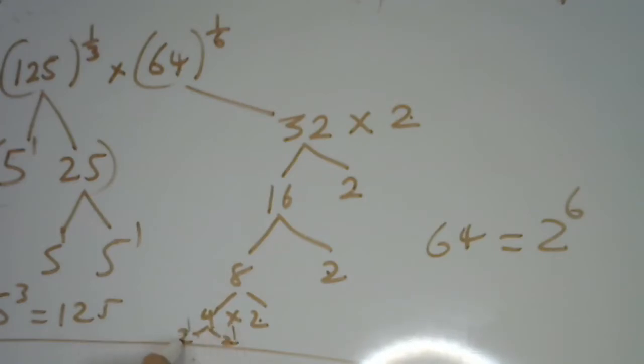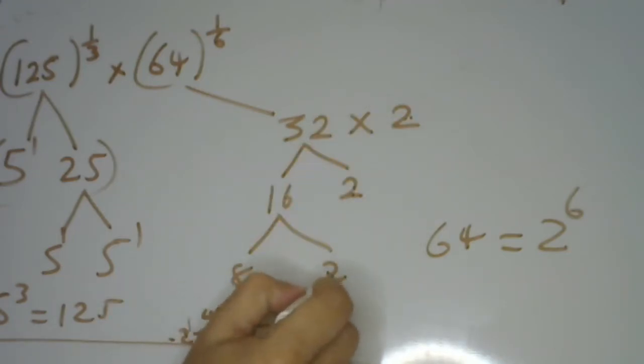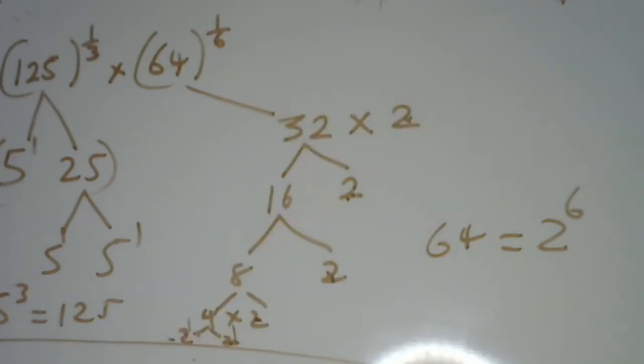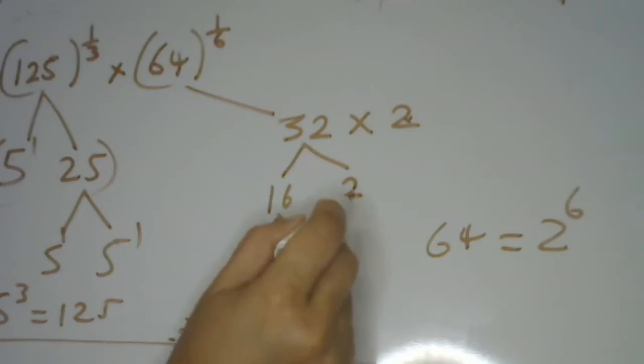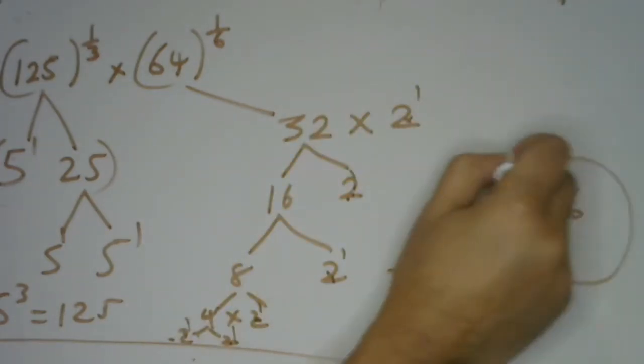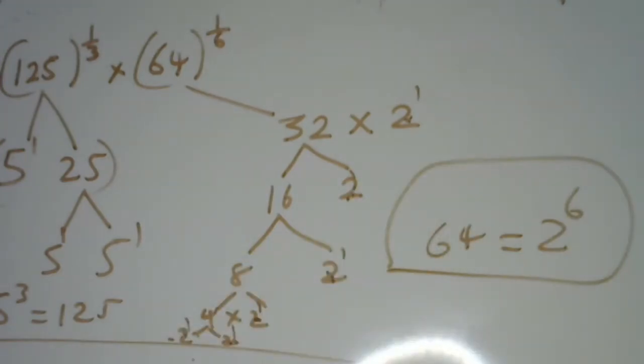If you multiply 2 by 2 by 2 by 2 by 2 by 2: 2 twos are 4, 4 twos are 8, 8 twos are 16, 16 twos are 32, 32 times 2 is 64. So we add the powers of 2. 64 is equivalent to 2 to the 6th power, and 125 is equivalent to 5 cubed.